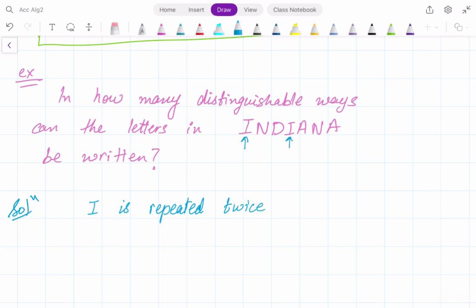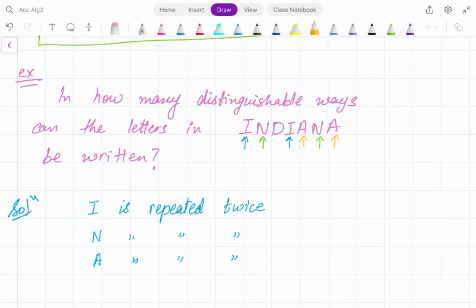The total number is n. How many letters are there? We have 7 letters. And after that, I is repeated twice, so n1 is 2. N is repeated again twice, so n2 is also 2. And moving forward, A is also repeated twice, so n3 is 2 again.